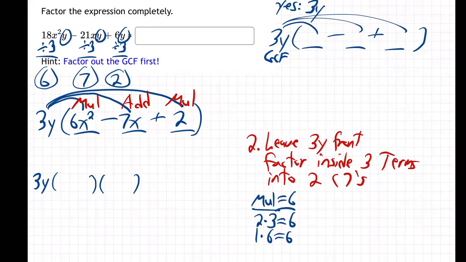So we always do first you start with the numbers closest together. That's the first rule. Start with numbers closer together, like 2 and 3. And then what about the multiply at the back with the 2? What multiplies to equal 2? Well, there's only one option. 1 times 2, that's nice. There's only one option there.